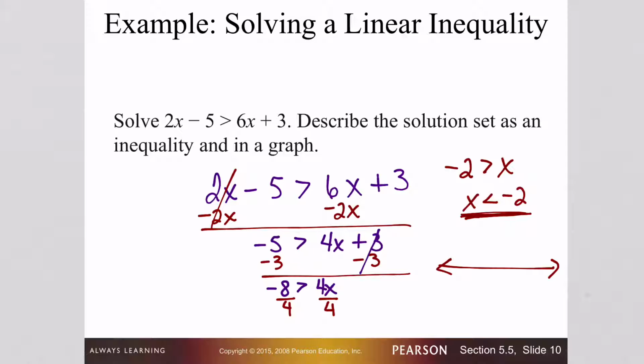Anytime your variable is on the left side, your arrow should point in the same direction as your inequality symbol. So I would have an open circle at -2 and that points to the left. Those are all the numbers that are less than -2.